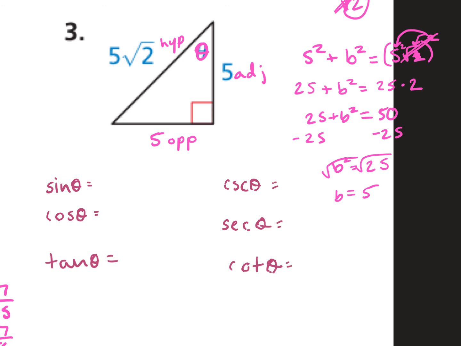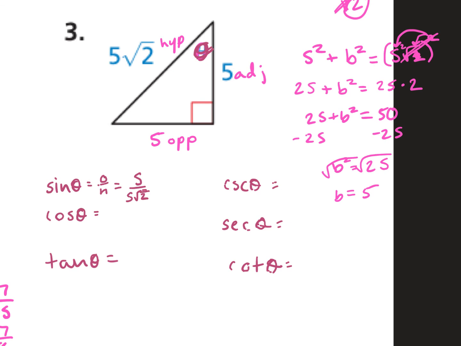So our theta's up here. Sine is what? Opposite over hypotenuse. So what's our opposite? 5 over 5 square root 2. We just leave it like that?